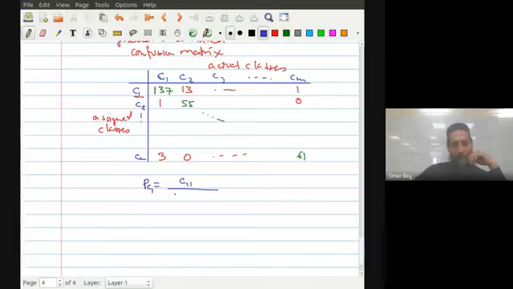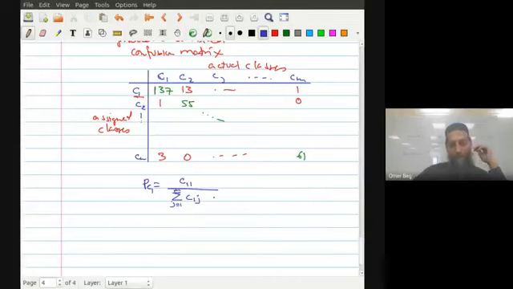See? So that would be the sum of all the values C of 1j in the first row, where j goes from 1 to m. So that's for class 1.